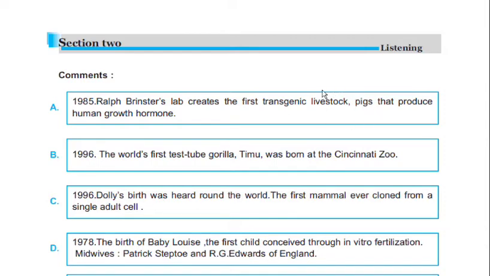Pigs, as an example, that produce human growth hormone. These animals were modified genetically to produce human growth hormones that are used to make humans grow more rapidly.